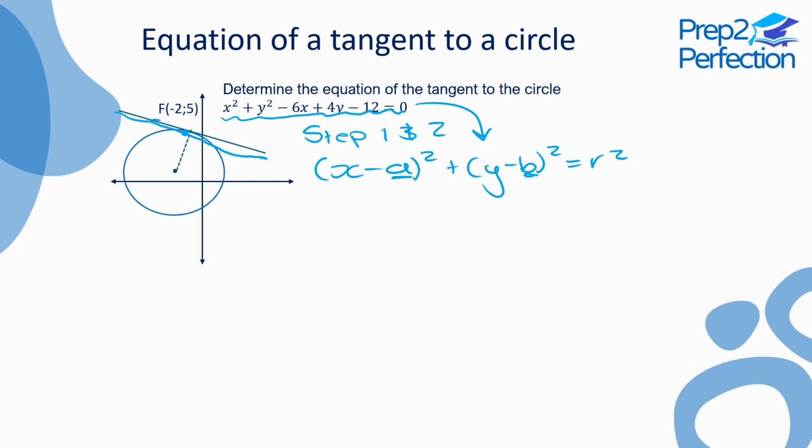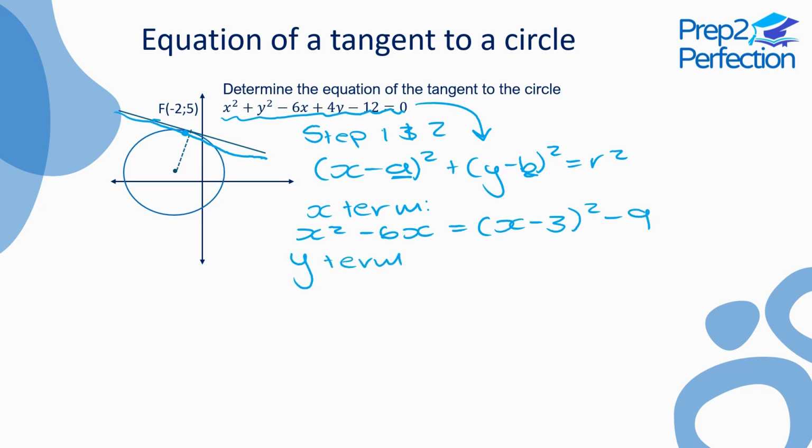So for the x term, we're going to complete the square. It's x² − 6x, and this will give us (x − 3)² − 9. And then for the y term, we have y² + 4y, and if we complete the square for this, we get (y + 2)² − 4.